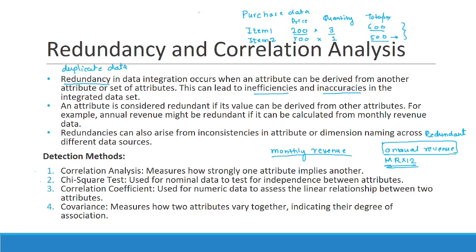Here, just for example, we have taken a very small example, but in the real world the data is very huge, and there are hundreds of columns, so just by looking at data you cannot find the redundancies. There are standard techniques through which you can detect the redundancies in the data, and once you find them you can remove them.